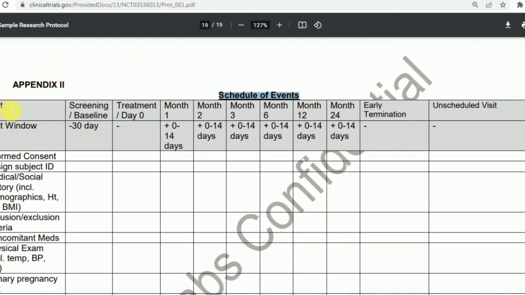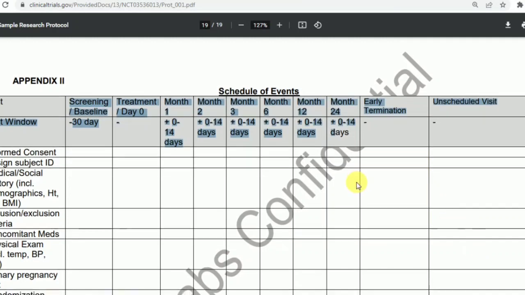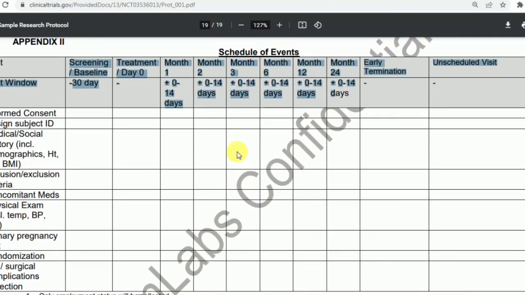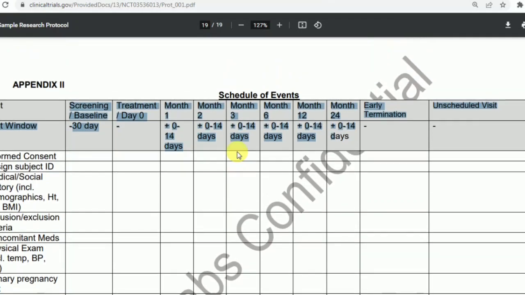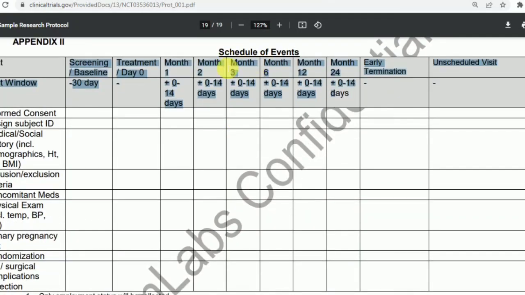So here in a tabular chart we can see it is right now blank, but when you get an opportunity to work in a particular study or in a clinical trial, you will get to know in detail about the schedule of assessment in the protocol, where all the forms which are required for this clinical study will be marked as X.